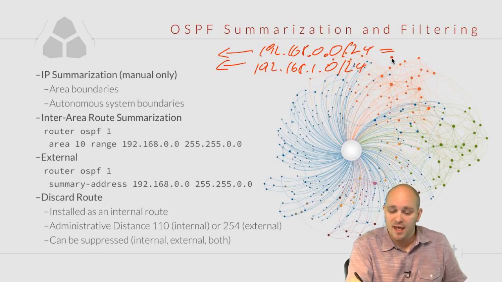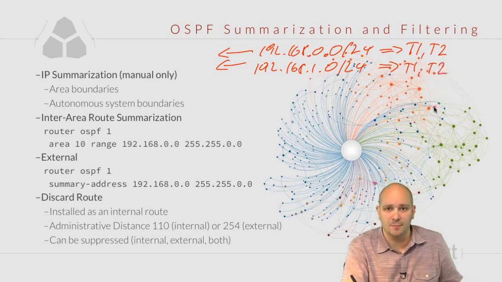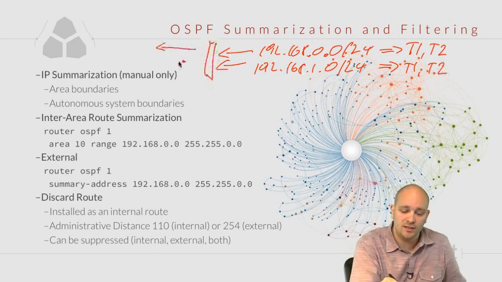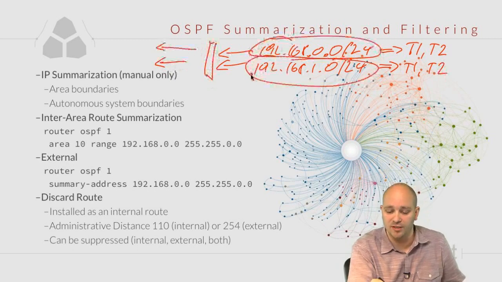This would be arriving as a set of its own type 1 and type 2 LSAs, and this would be arriving as a set of type 1 and type 2 LSAs. Now, what is going to be generated here at the ABR will be two type 3 LSAs, one for this network and the other for this network.